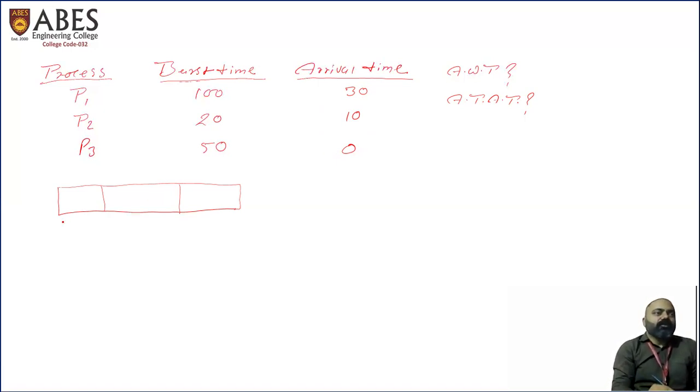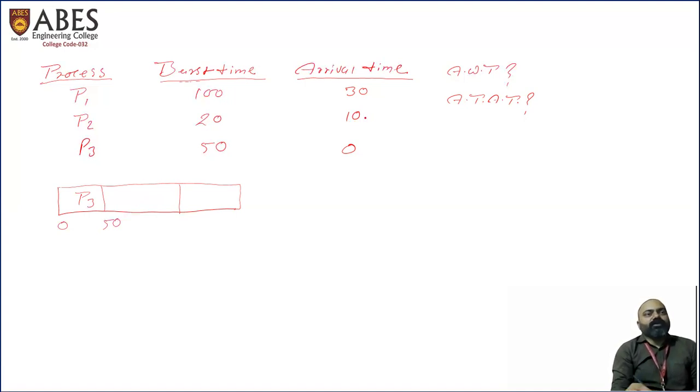So we execute P3 first here. As this is non-preemptive, the process will release the CPU on its complete execution. So P3 will execute for 50 unit time. So here time is 50 units.